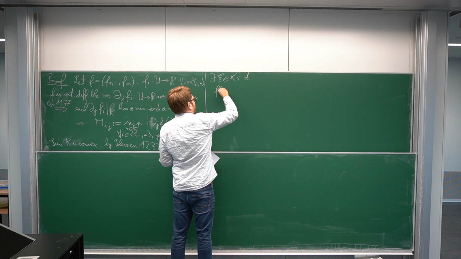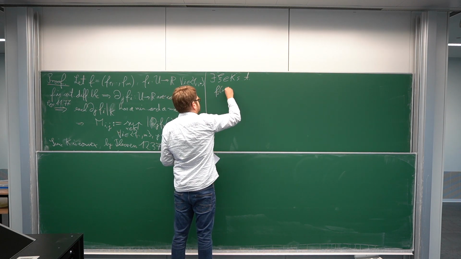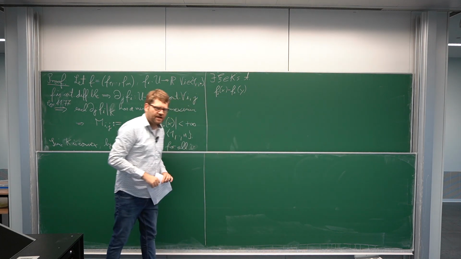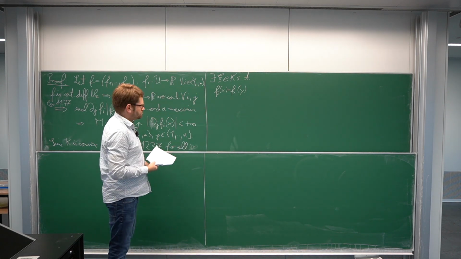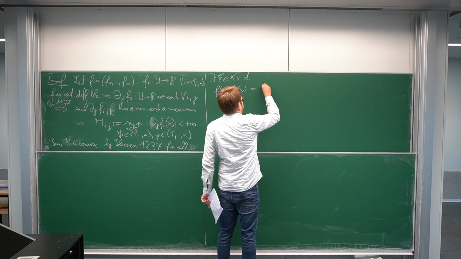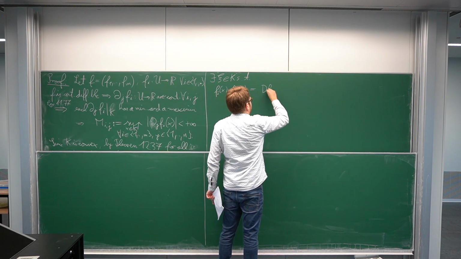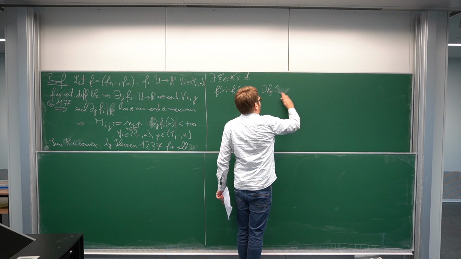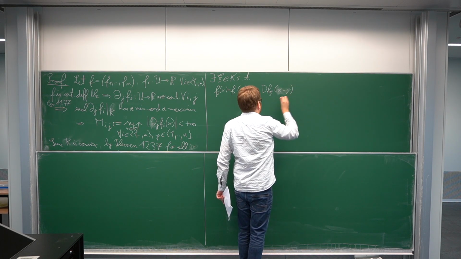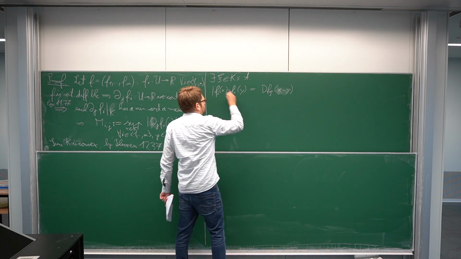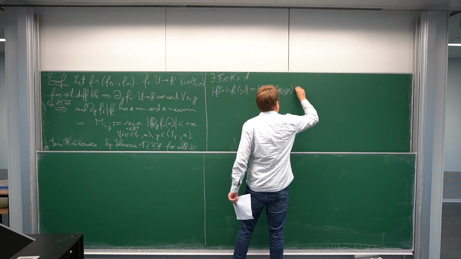f_i(x) minus f_i(y), since we are discussing the components, these are real functions, so we can really apply that theorem. So this is the same as the derivative of f_i at ξ applied to x minus y. And this is the mean value theorem, and let's put some absolute values around this.